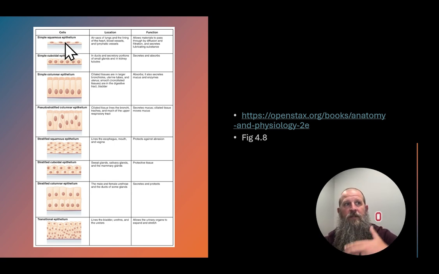Things can pass through it very easily, whereas when we get down to your stratified epithelium, it's more than one cell layer thick, so it can afford to be damaged and hurt a little bit because the apical cell layers can just slough off and we can replace them, and it doesn't hurt the underlying tissues. So that's going to be big in protection, right? So you can think about the cell thickness, the cell size, and make some pretty good hypotheses about what the functions are.